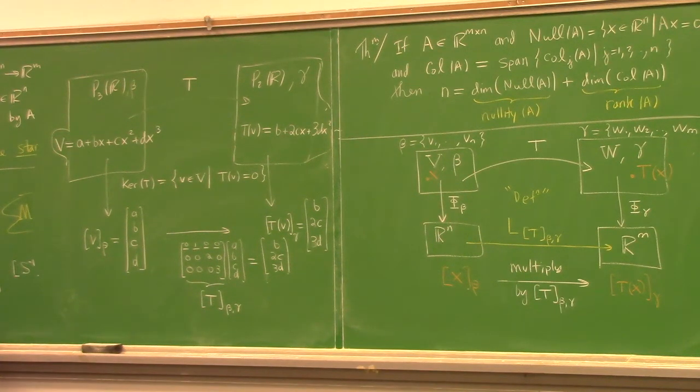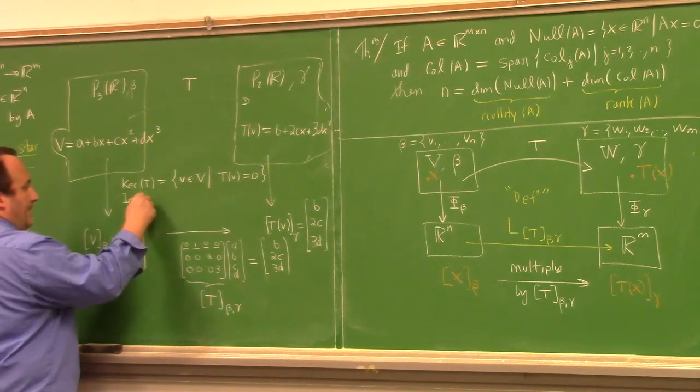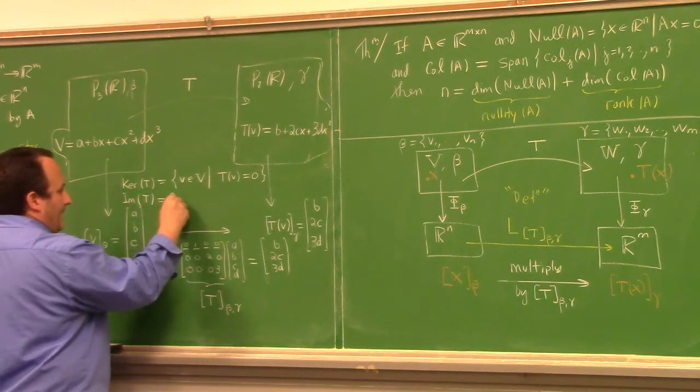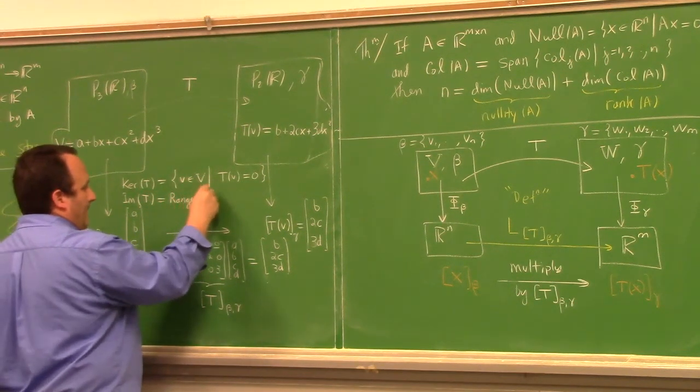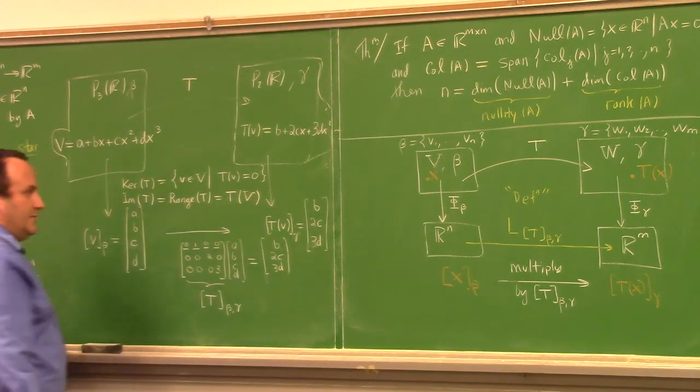Cool. So you can talk about the kernel of T, right? And the linear transformation is one-to-one if and only if the kernel is just 0, right? You can talk about the range of T or the image of T. What's that? That's T of V, right?